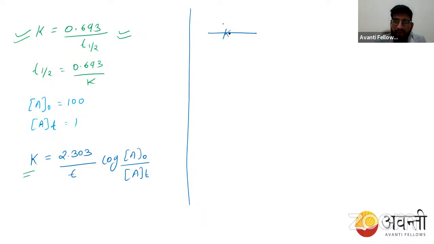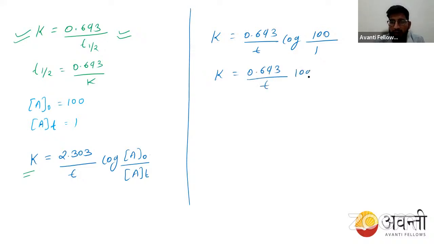That is, K is equal to... it's not erasing. Okay. So K is equal to 2.303 upon T, log of A naught over A t, 100 upon 80 value 1. So if I solve it, log 10 to the power 2.